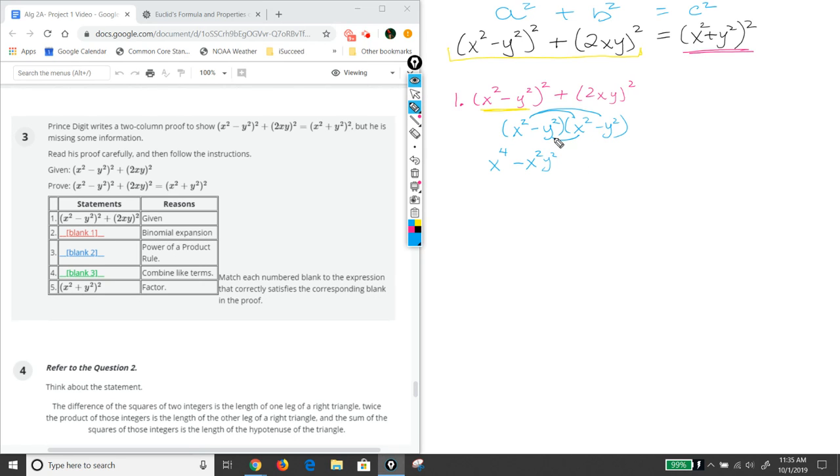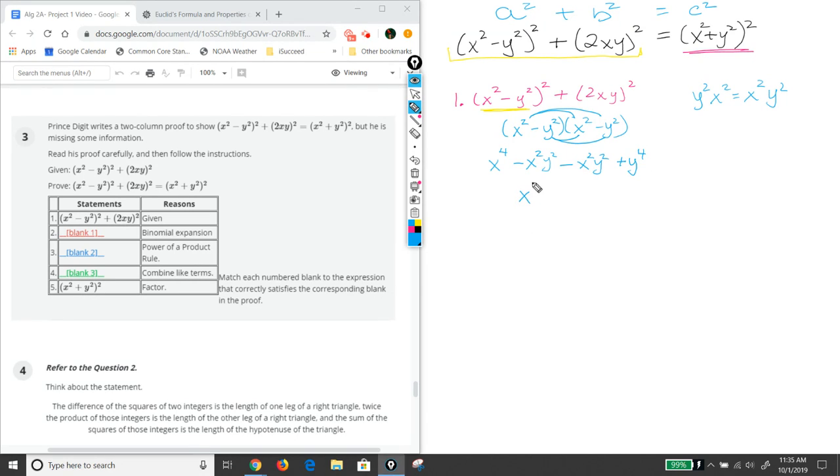Okay, then we're going to distribute the y squared over there. y squared times, remember, multiplication, the order doesn't matter. So a y squared x squared is the same thing as an x squared y squared. Order doesn't matter when we're multiplying. And then lastly, get the y to the 4th.